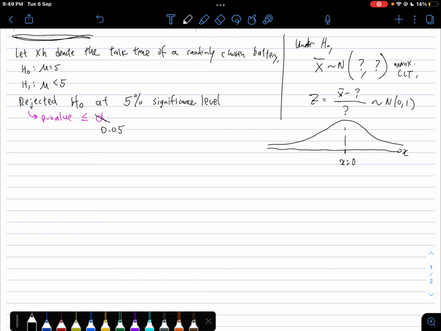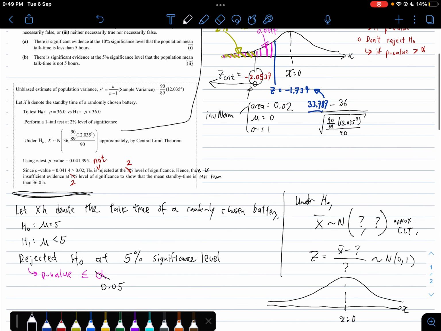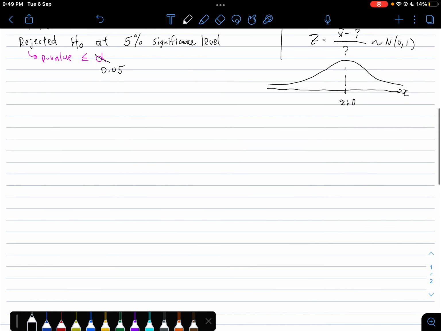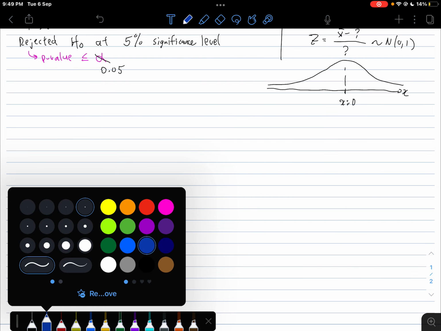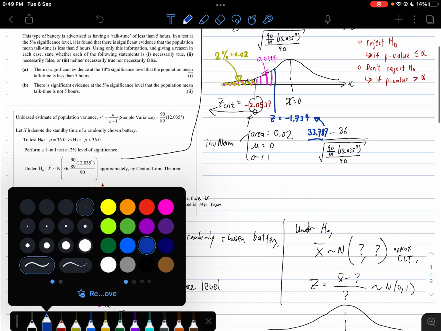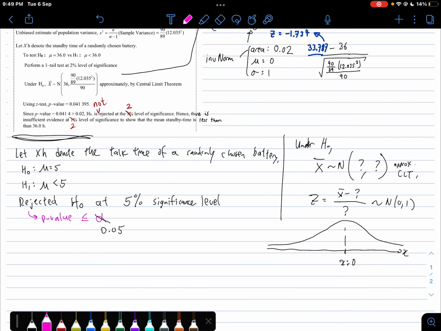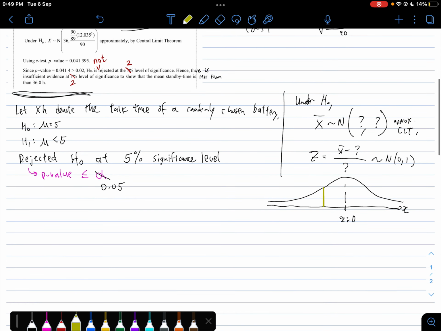Let's use the same color and color in the graph. We want p-value to be less than or equal to 0.05. So maybe we first start off with 0.05. Where would that be? It would be this part over here.